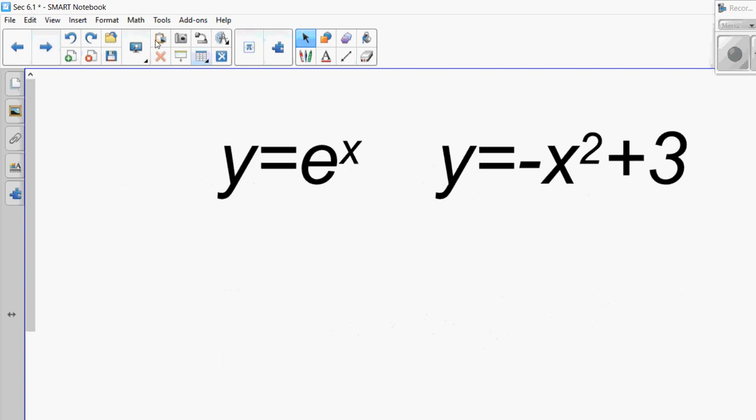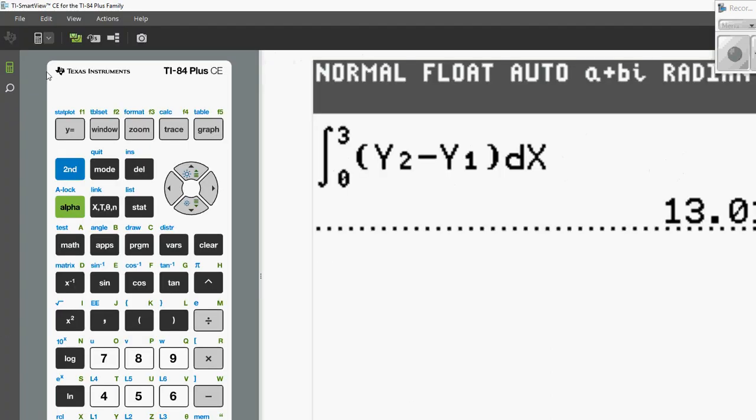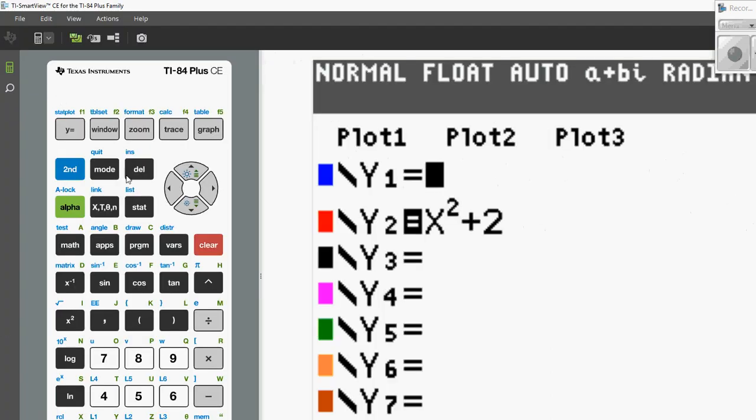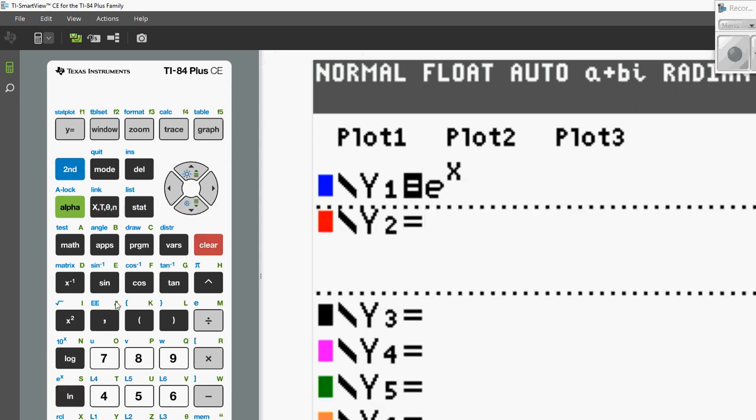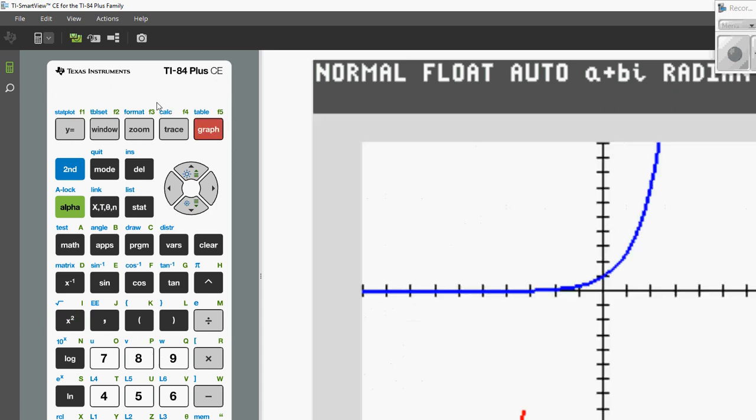Let's try another one. We have e to the x and negative x squared plus 3. So let's go here again. We have e to the x, and we have negative x squared plus 3. So we graph those, and we're trying to find this area between them.